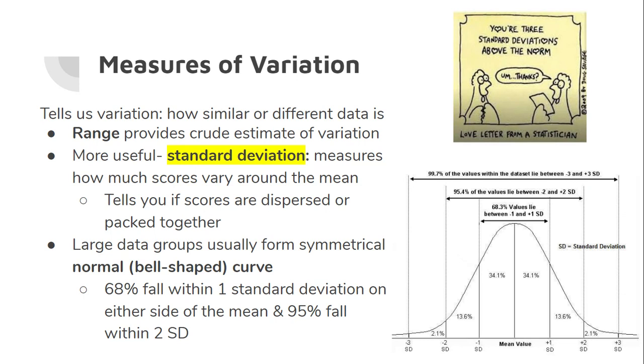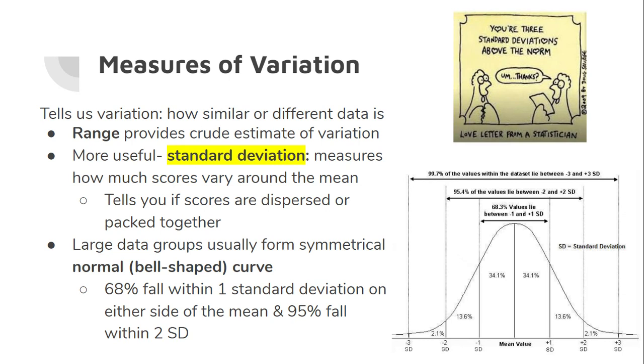And so if the average is an 80, and a standard deviation is 4, that means that around 70% of test takers fall within either 4 points above or 4 points below that score.